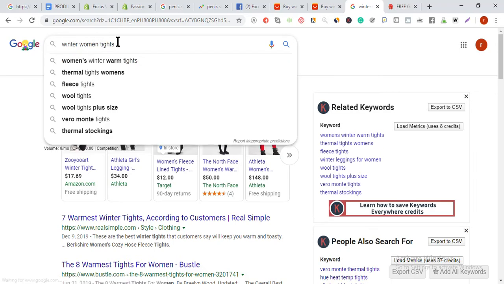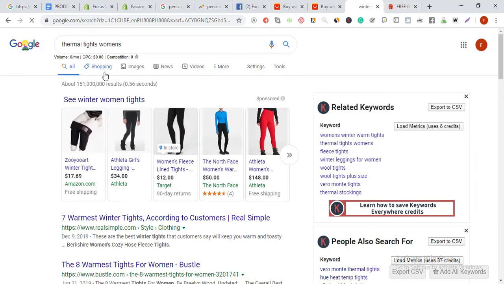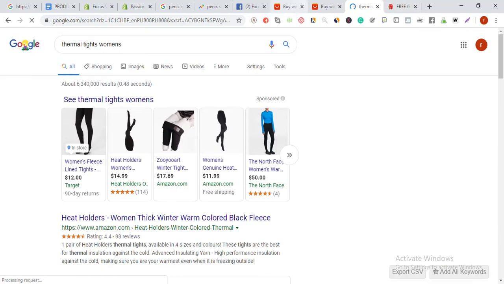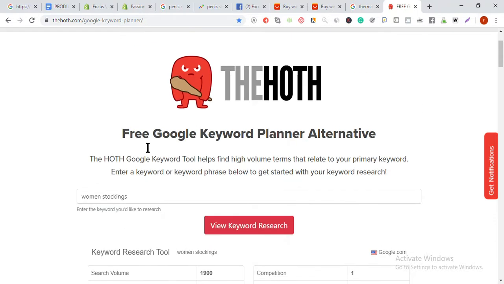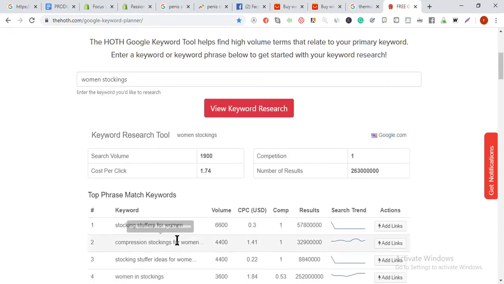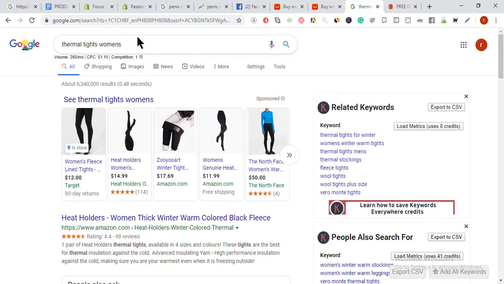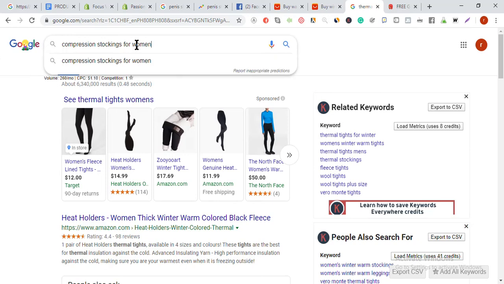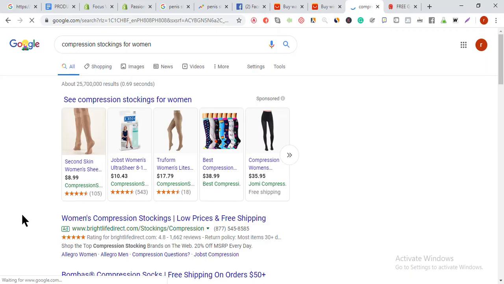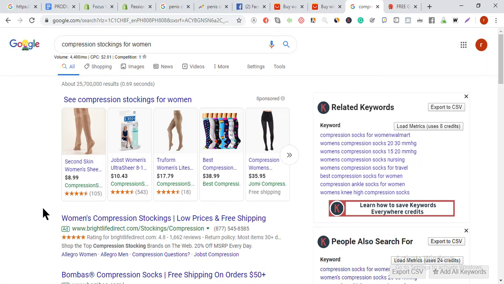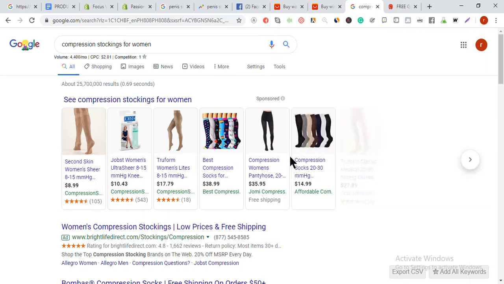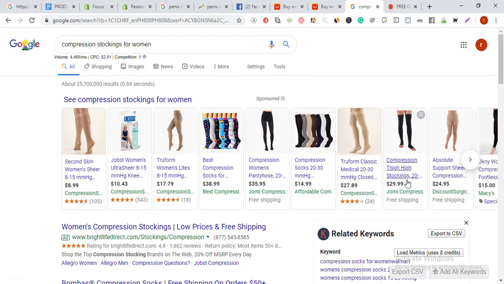Ooh. Thermal. No, it's not thermal. Stocking stuffers for women, no. Let me see this. Let's check it out. Actually, this will do. Hold on.